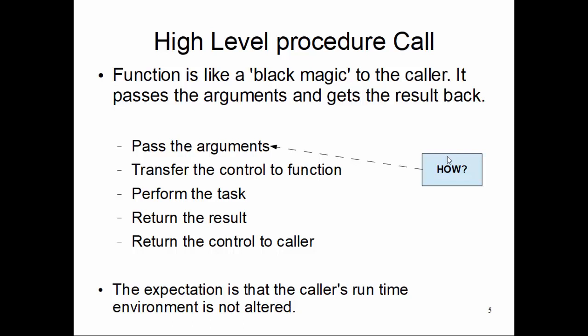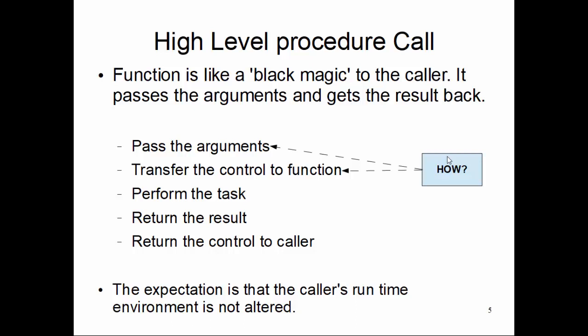Then how to transfer the control to the function, right? In the high level language, we just type in that function name within round braces. We type in the arguments, whatever number of arguments it needs, and we are done. We know that at that point, that function will be called, that code will be executed with the given argument. At the low level, we still need to know how we transfer the control to the function.